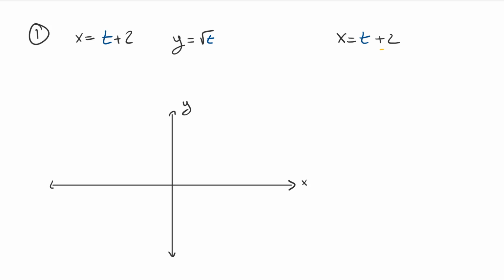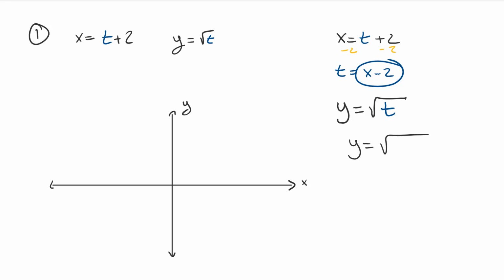That's as tough as just subtracting the 2 over, and we can say that t is equal to x minus 2. Well, don't we have that y is equal to the square root of t? Replace that in, and what we find is y is equal to the square root of x minus 2.